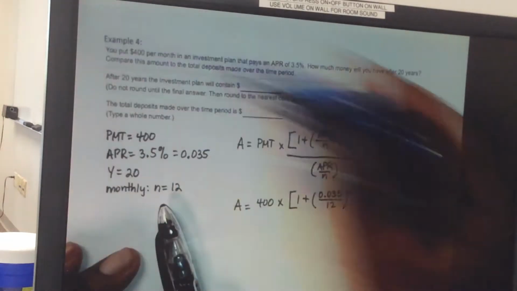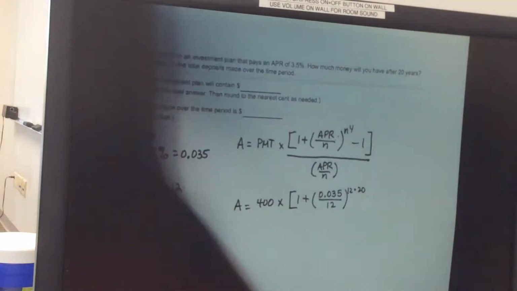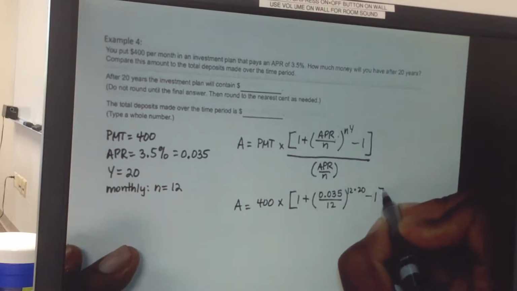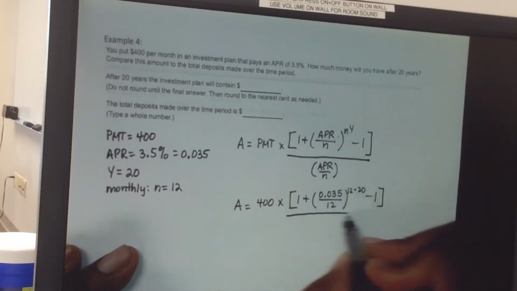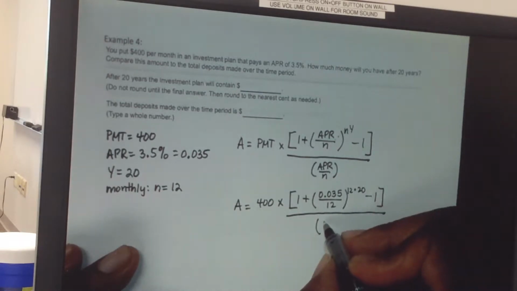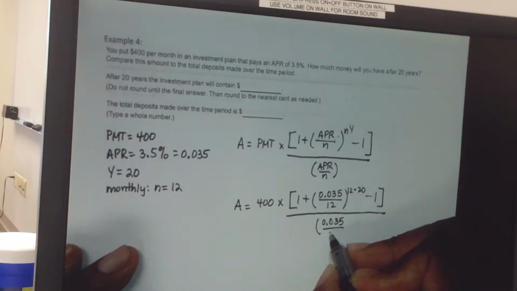And then minus 1. And then that's going to be divided by the APR, which is 0.035, divided by N, which is 12.